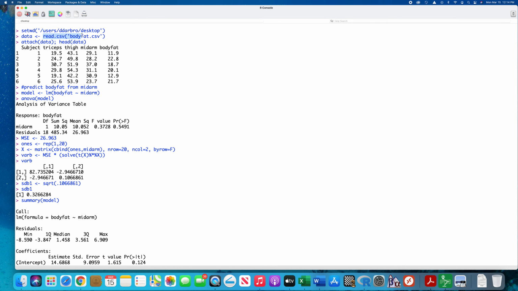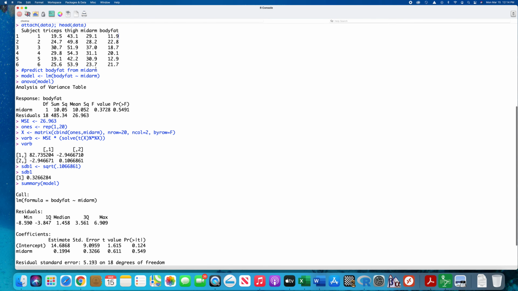Again, I've loaded the body fat data, right? And I'm predicting body fat from mid-arm. So the first thing I did is create the model. Then I looked at the analysis of variance table. The reason I did that in this case was just to pull out the mean square error. Next thing I'm trying to do is create my design matrix.